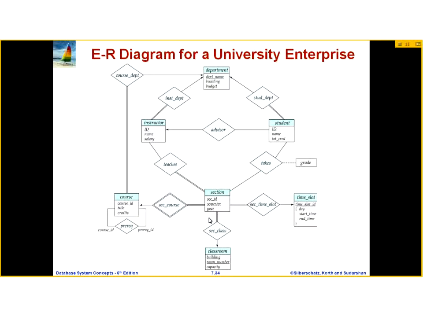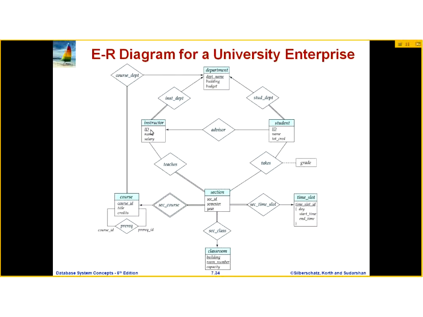So you identify all the entities, you identify their attributes, you identify their primary keys, then you identify the relationships, and then you also specify what type of cardinality exists, like one to many, many to many, many to one. Like here you can see that one instructor can advise many students, right? So you can mention it like this.